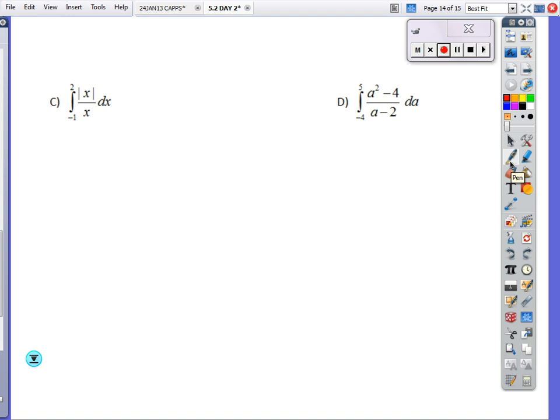If you don't know what it looks like, make a table from -1 to 2. I'll give you a really big hint. It does not look like a V. So if you have a V, it means you did not make a table and you did not check points.